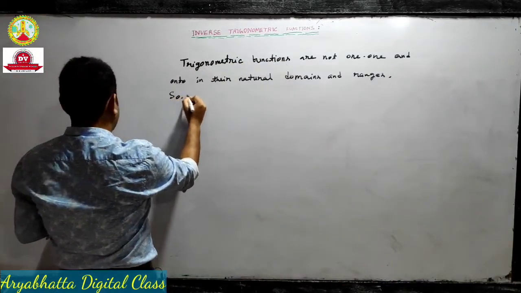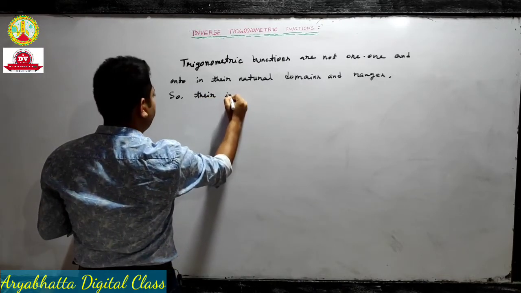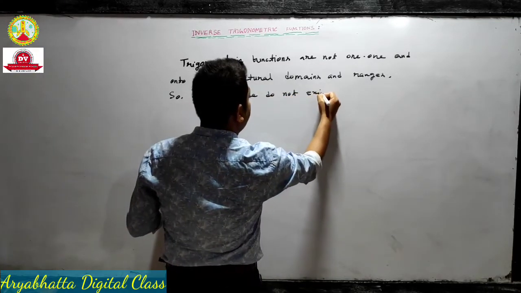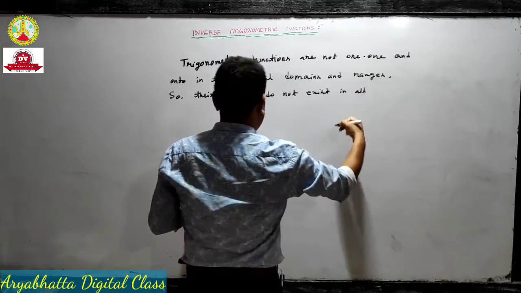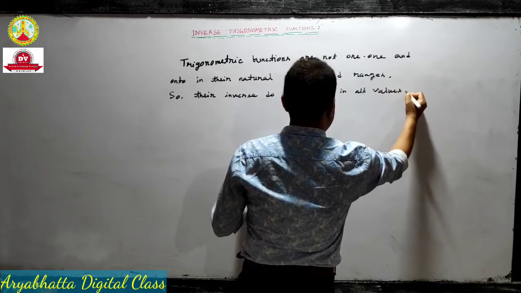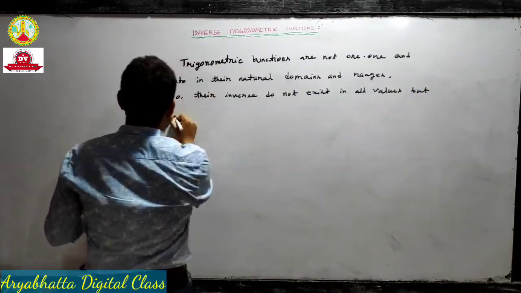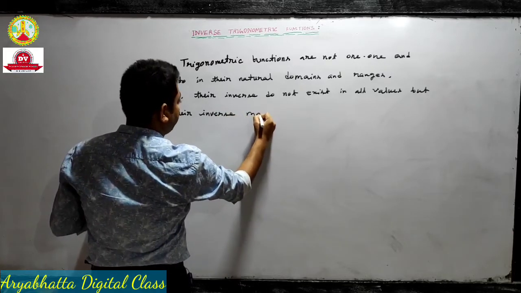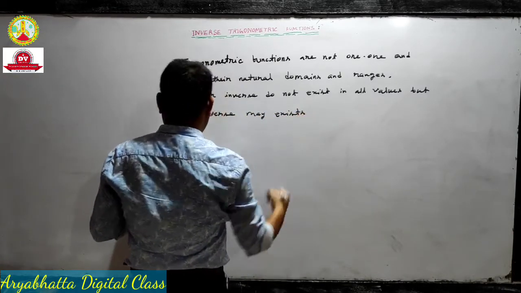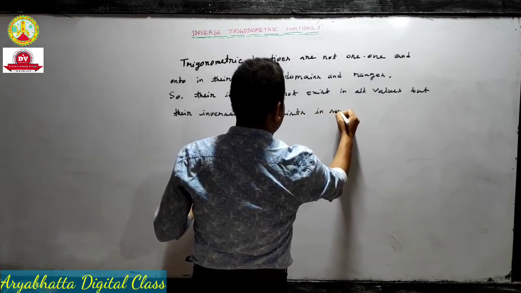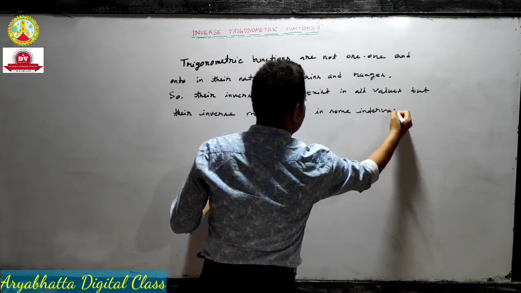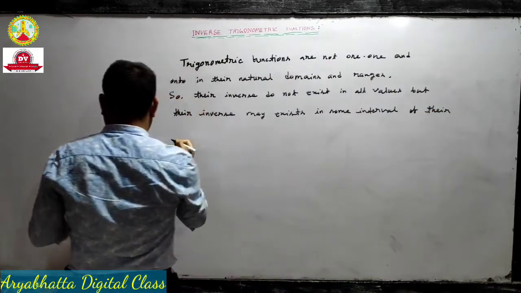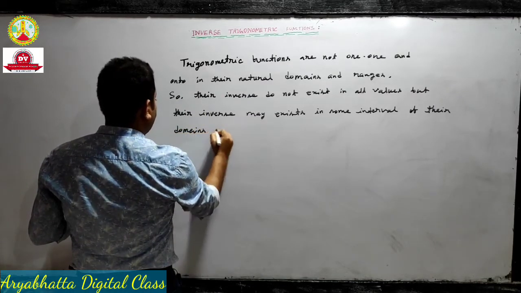So their inverse do not exist in all values, but their inverse may exist in some interval of their domains and range.